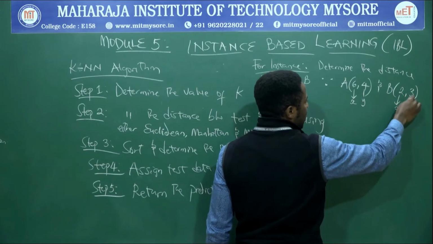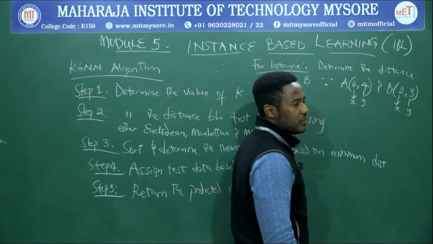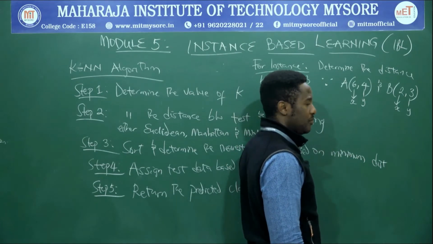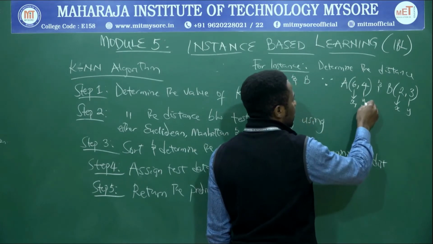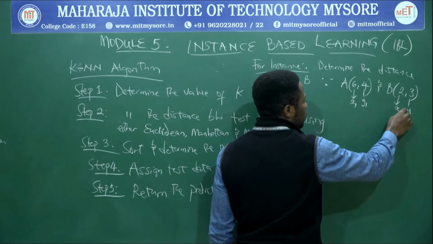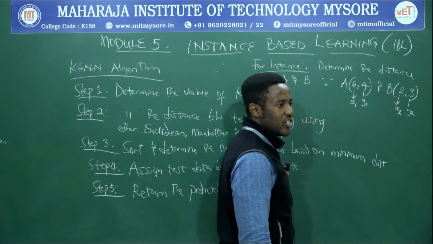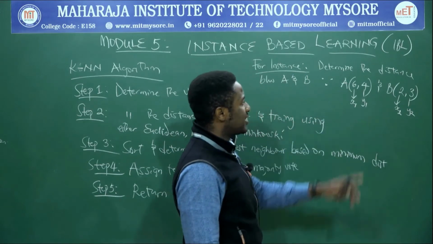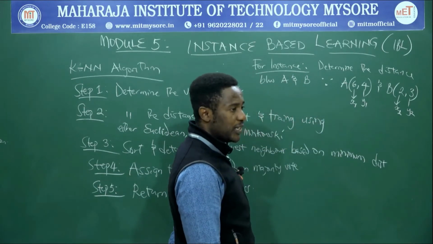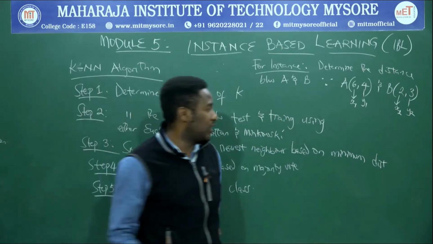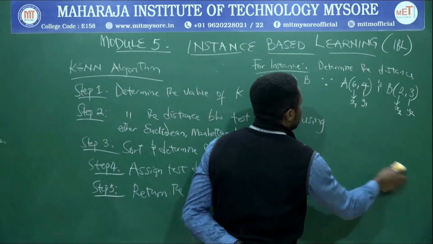Simultaneously, I have another x there and another y there. So it makes sense if I give them names. This I call x1 and y1, and that I call x2 and y2. Such that the distance between these 2 points, if I represent it in a two-dimensional plane, will look like this.